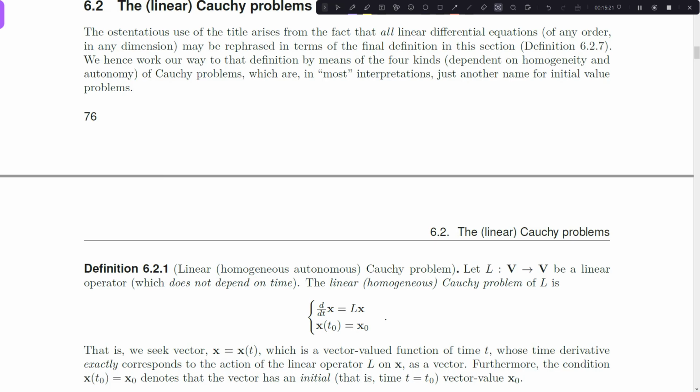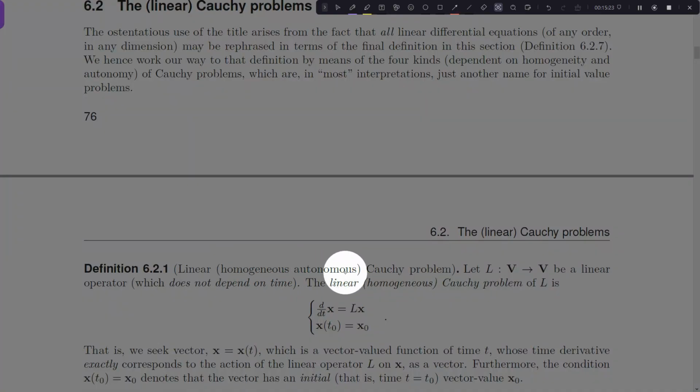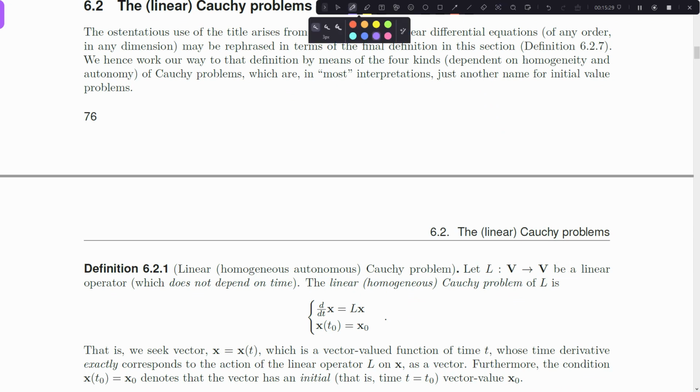Now, I've added two words here, homogeneous, autonomous. And what do those mean? Well, we've already talked about homogeneous, notably homogeneous saying no additive function. If I would have done like plus cosine t here or something, that's now an additive function and it's no longer homogeneous.